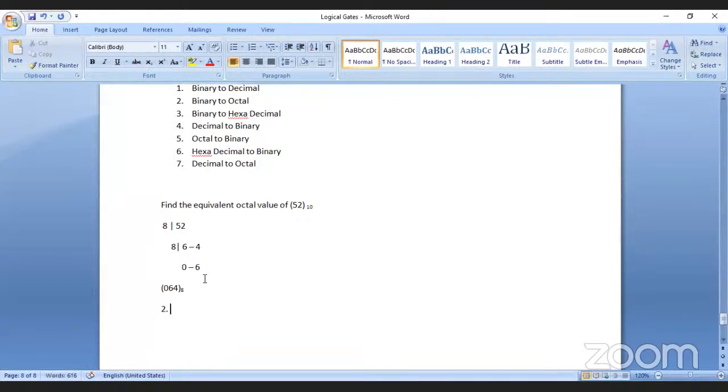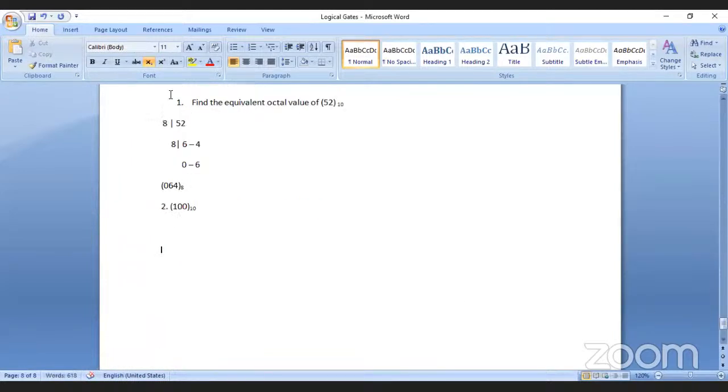Because the above one is very simple, that is the reason, some more doubts. I'm taking 100 base 10. I need to find out the octal value for this. I told you what I have to do.